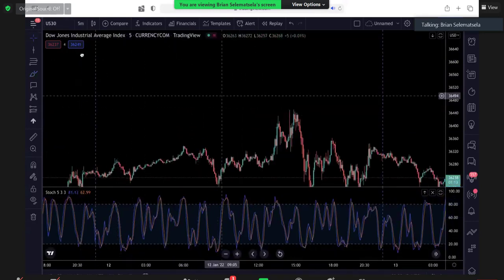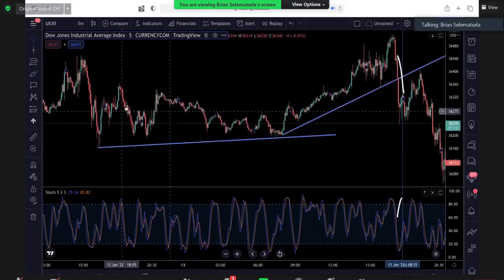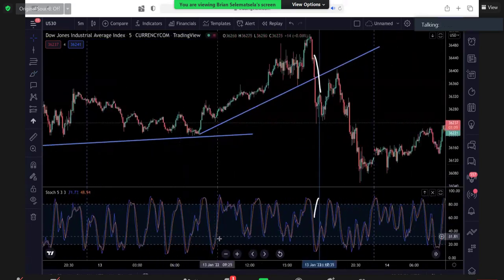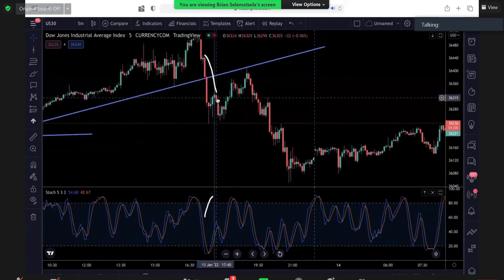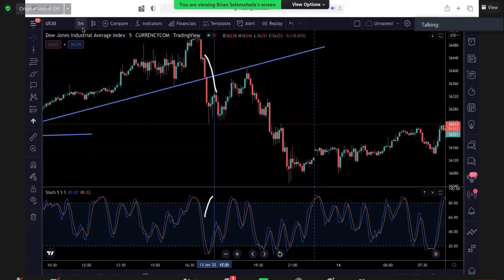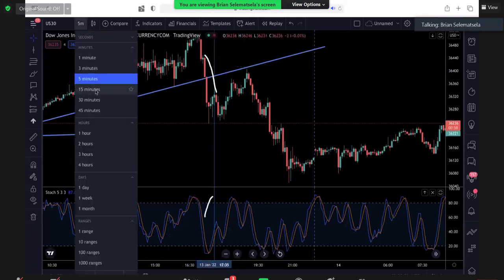Even though there is a full clear divergence, the same technique works. And yeah, after the crossover there, it decides to sell.